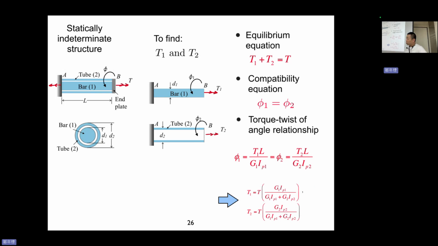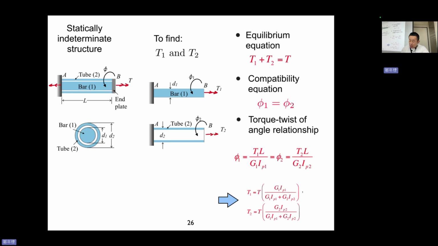Your bar 1 has T1, the tube has T2, but combined together they need to balance with T, right? So if you write it down, T1 plus T2 equals T.